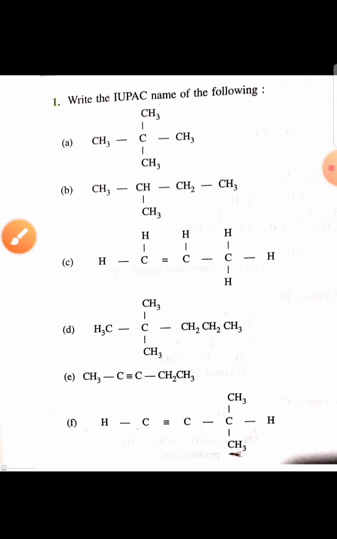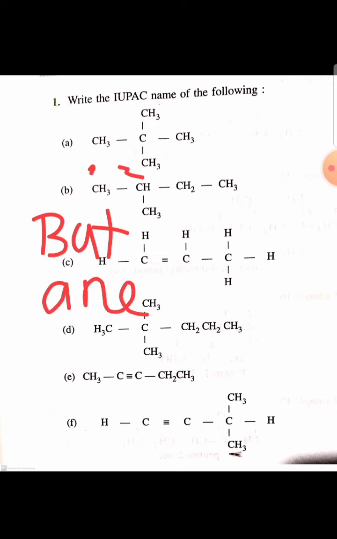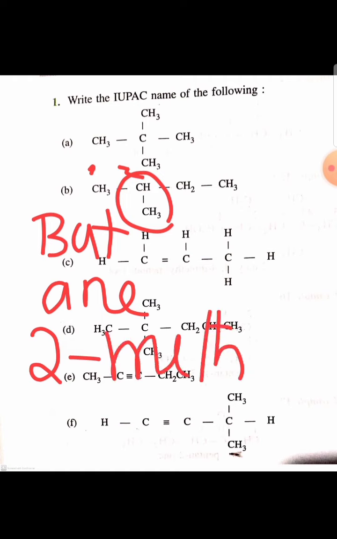If you number from the right side 1, 2, 3, 4, the methyl group is getting the third position, so the third position is wrong, the second position is right, so numbering from the left side is correct. So 4 carbon atoms are there, root word is but, carbon carbon single bond, suffix is ane. To the second carbon atom there is a methyl group, so the prefix will be 2-methyl. So the correct name of that structure is 2-methylbutane.